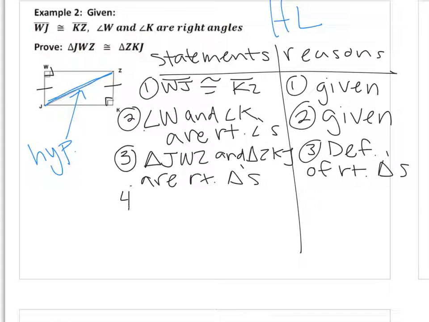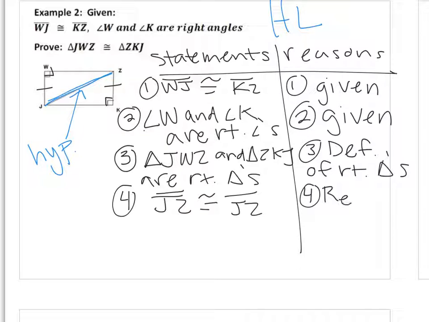So then the next step would be that reflexive that we never put in. So JZ is congruent to JZ because of the reflexive property. So then step 5 would be, okay, do I have enough to say the triangles are congruent?